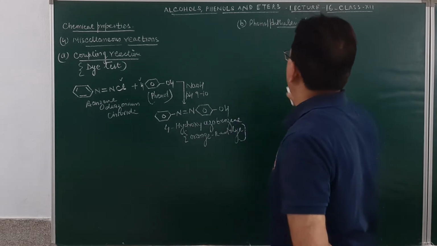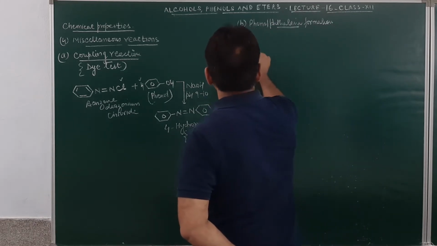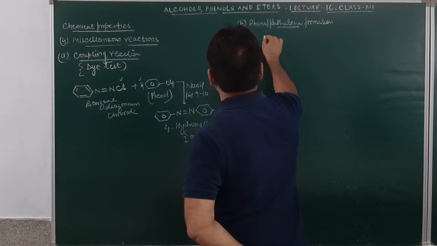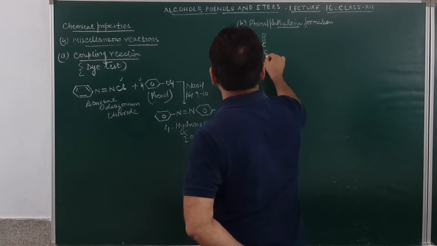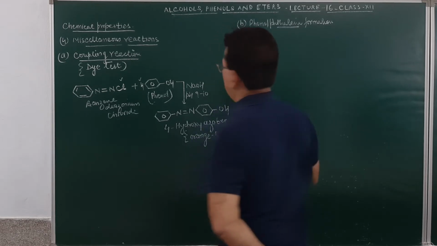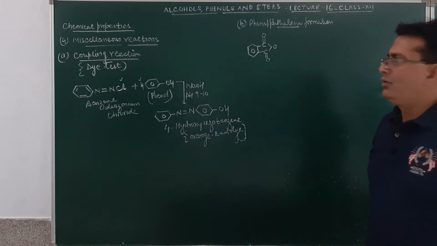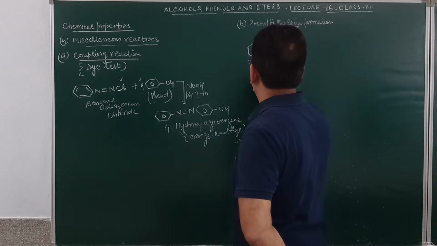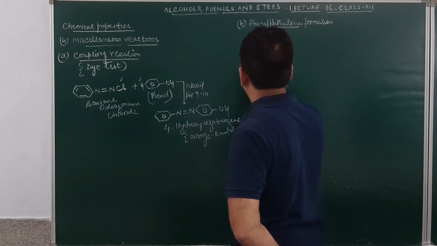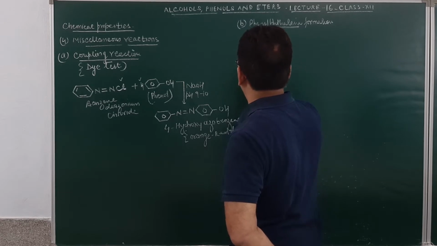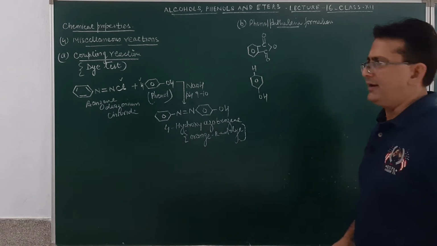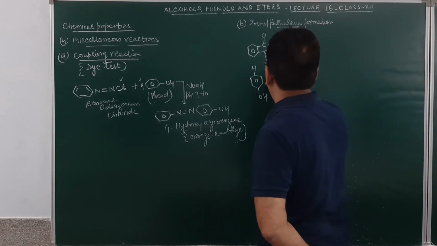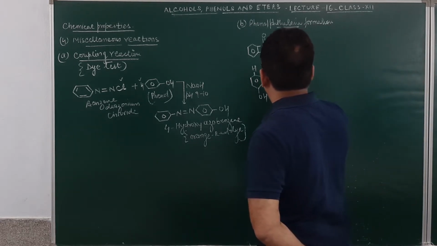What we do is we take phthalic anhydride. Phthalic anhydride will be C double bond O and then C double bond O. This phthalic anhydride is made to react with 2 molecules of phenol, each with OH.